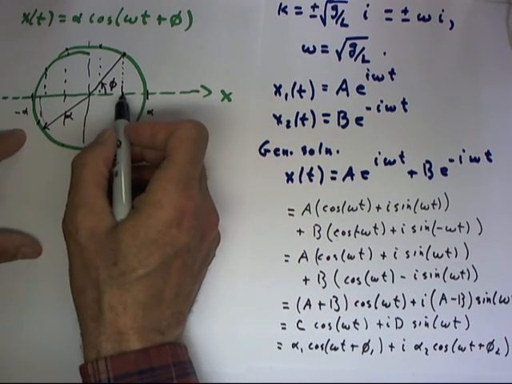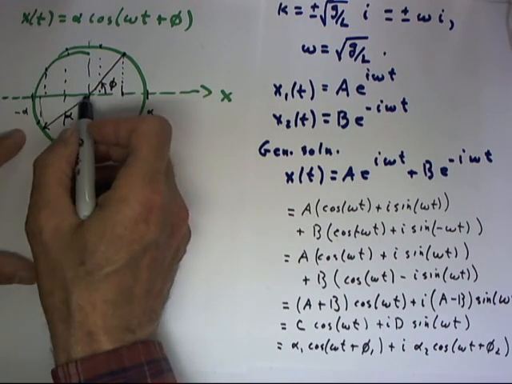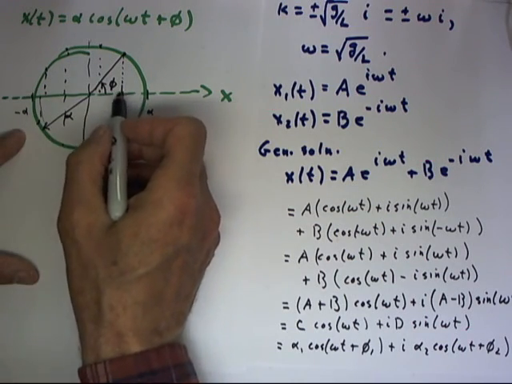So the x-coordinate starts here, goes to here, comes all the way back to here, and then back, and continues.